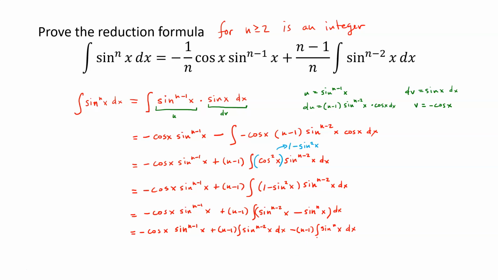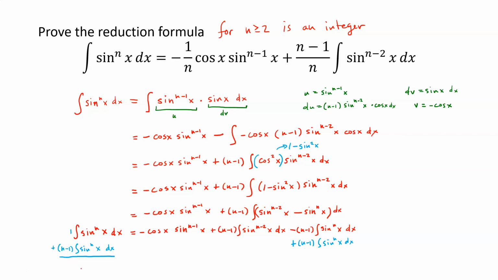Okay, and so there we have it. We see that this is the same integral that we started with. So let me rewrite that over here to remind ourselves that now if I want to isolate this integral, I can just add it to both sides of the equation. In this case, I'm going to add n minus 1 times the integral of sine to the n to both sides. Okay, and in doing so, it's like I'm adding 1 plus n minus 1.